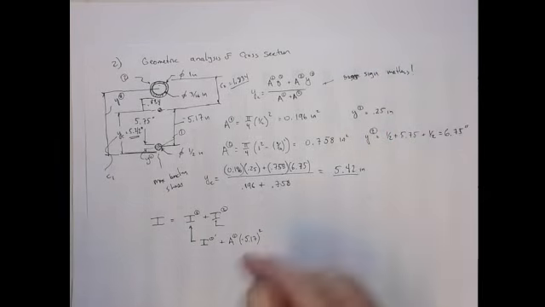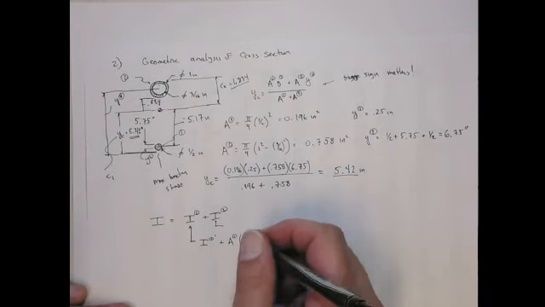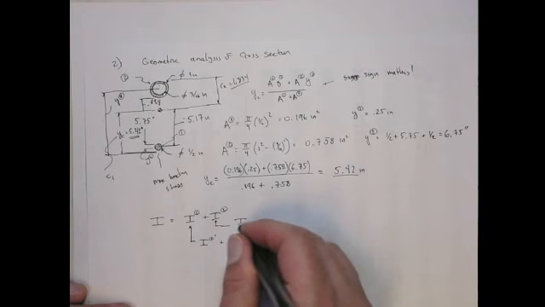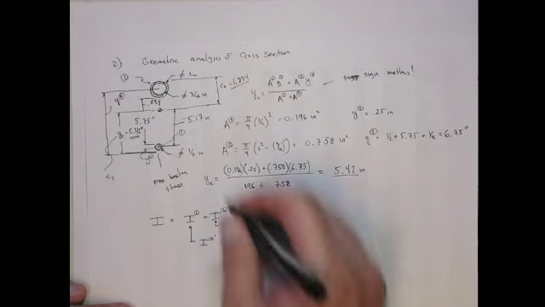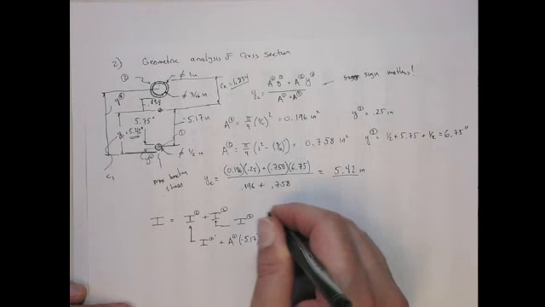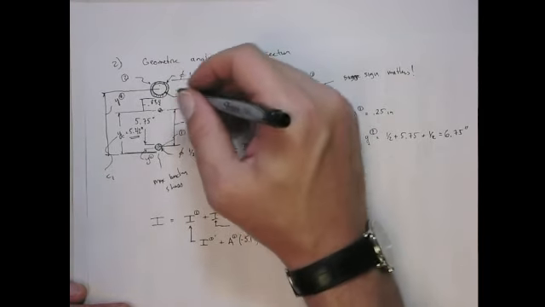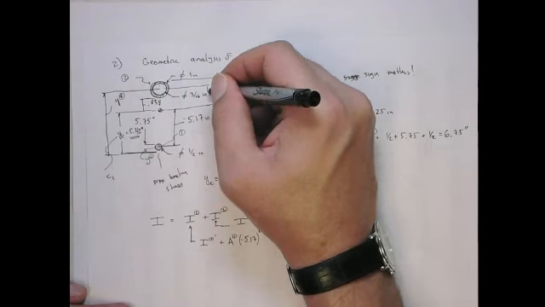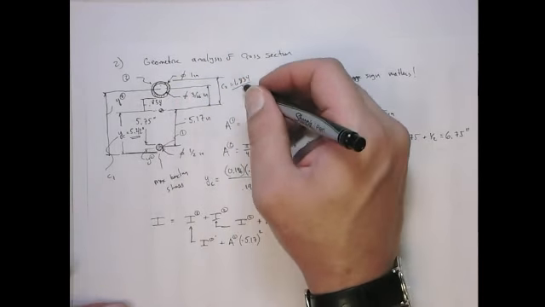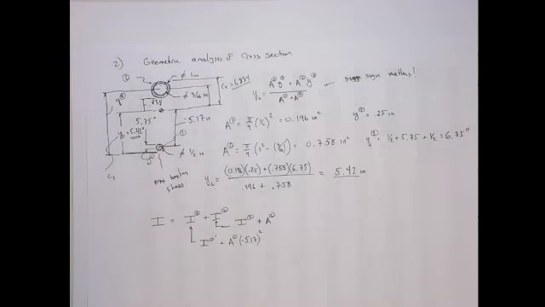Okay? And then this one is going to be equal to its I around its centroid plus its cross-sectional area times this distance. The distance from the neutral axis to its centroid, which is going to be the C minus half the diameter, right?